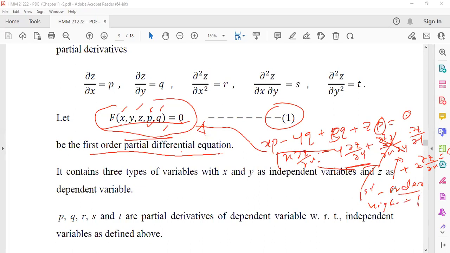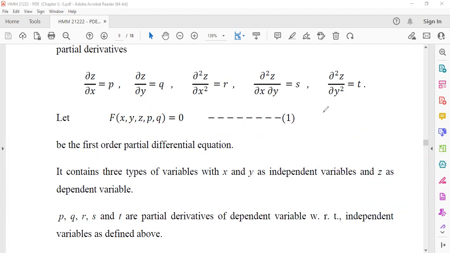Highest derivative being 1 is the first order, then second order, third order, like that. So for first order, all orders should be 1. Here we have the highest order as 2, isn't it? So my equation is not possible for this. So that's what I wanted to mean. Am I right? Correct me if I'm doing wrong.